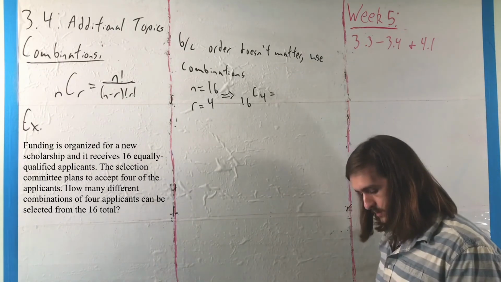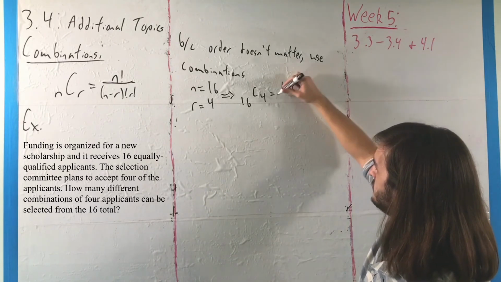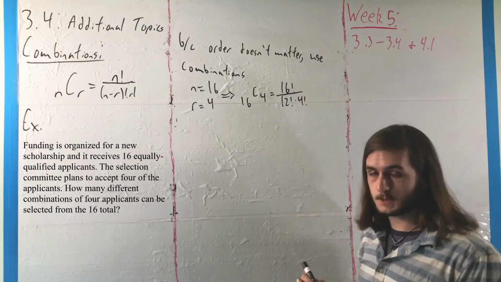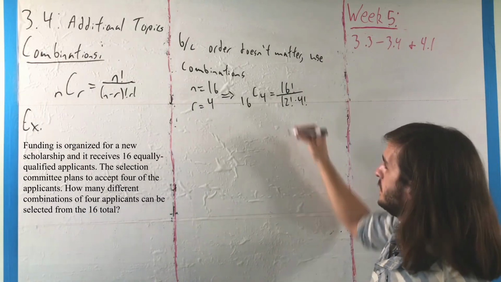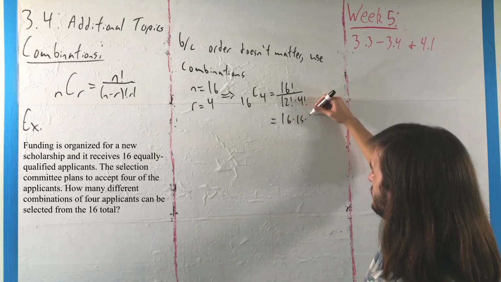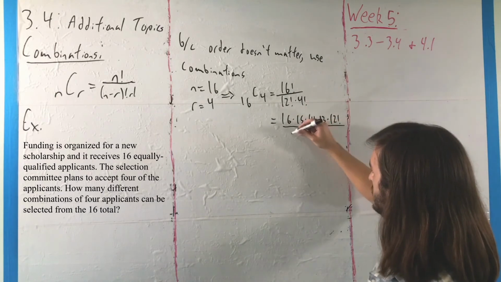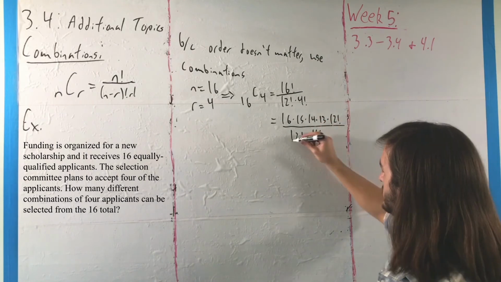And when working with this, we will have 16 factorial over 12 factorial times 4 factorial. So you got that 4 there, 16 minus 4 is 12. And then we're going to pull that 16 apart: 16, 15, 14, 13, and 12 factorial over 12 factorial times 4 factorial.